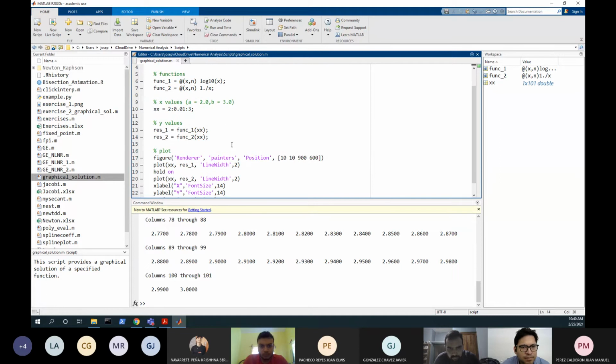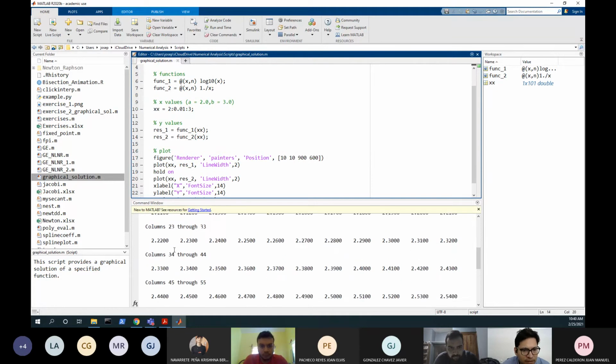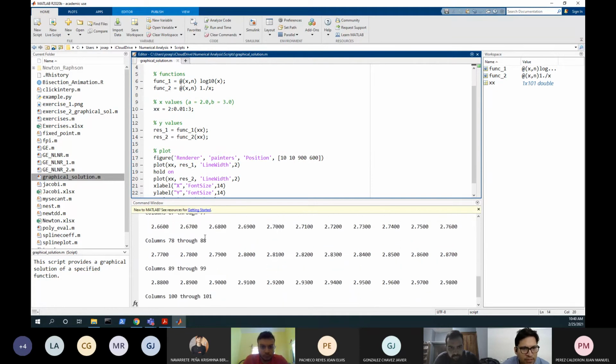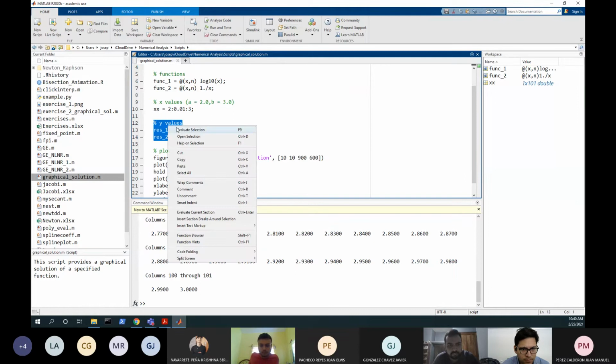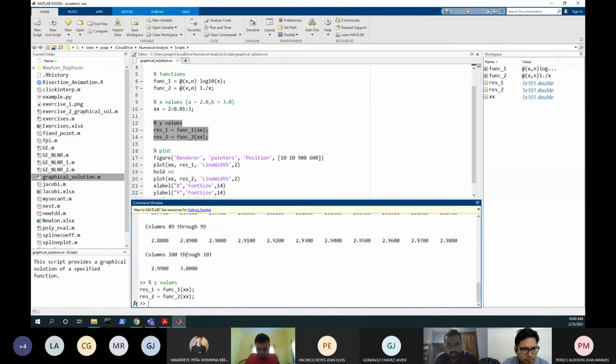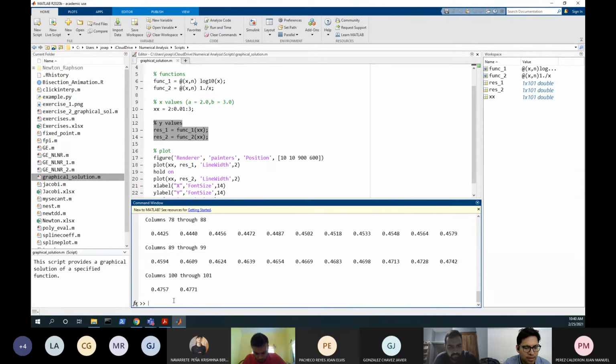And then, because these are the points where I want to evaluate, I can evaluate the values of my neighborhood inside of the function. So I evaluate both functions. Done. And the results, res1, are here, and the results of res2 are here. However, numbers don't give me anything, so I have to plot something.